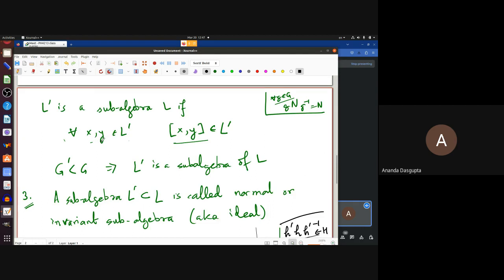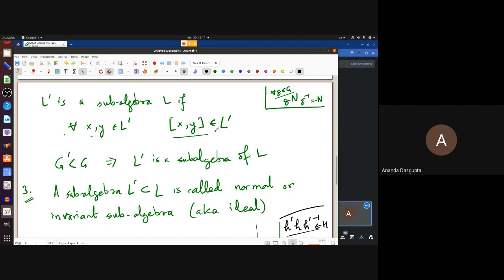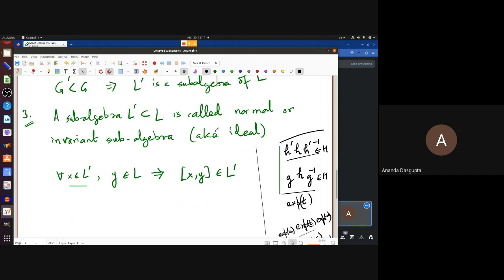The bracket of X and Y stays inside L prime if X and Y are both from L prime. But for a normal or invariant subalgebra, the bracket stays inside L prime even if Y is anything in L, just like this will stay inside capital H if G is anything in the whole group. Just think of that as an analogy right now.